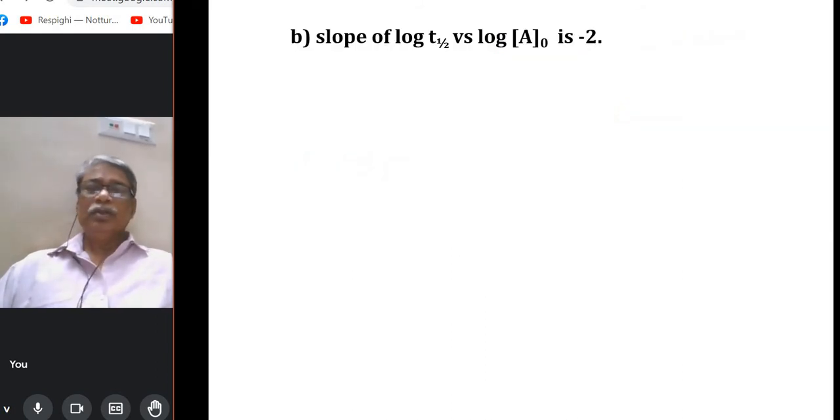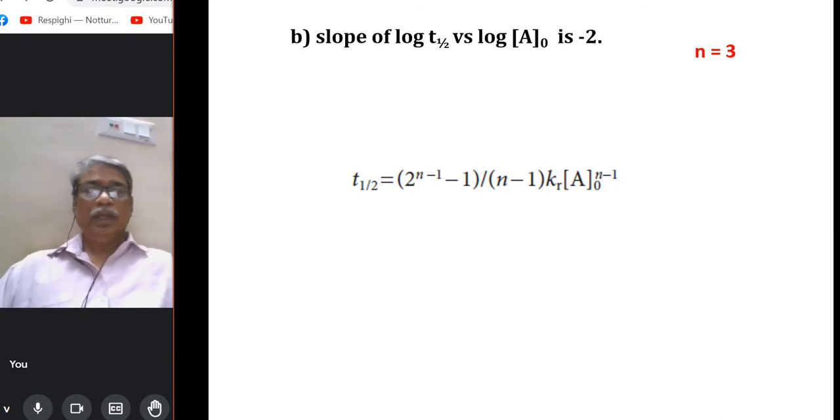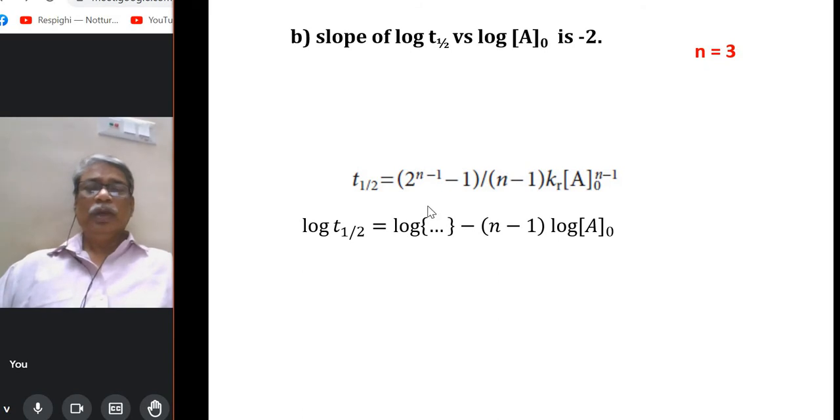So the next question, slope of log T half versus log A0 is minus 2. This time of course we can start with a very general expression for T half that we have already given. So you take the log both sides. You can ignore the first part except the A0 part, because we are interested only in the A0 term. So log of something, you don't bother about that something, minus, because A0 to the power n minus 1 is in the denominator.